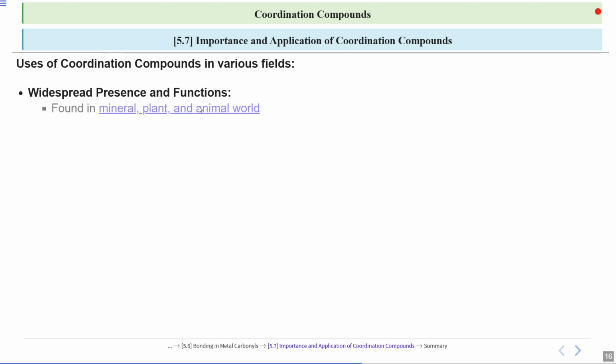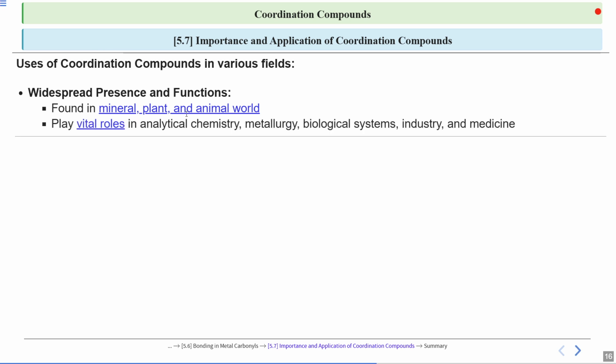Coordination compounds are found in the mineral, plant and animal world. They play vital and very different roles in analytical chemistry, in metallurgy, in biological systems, in industry and in the medicine industry also.